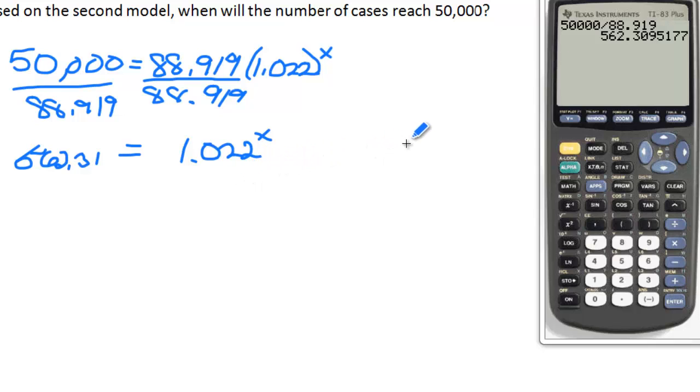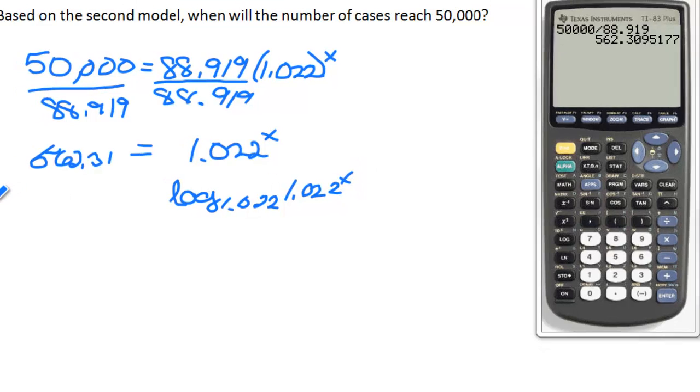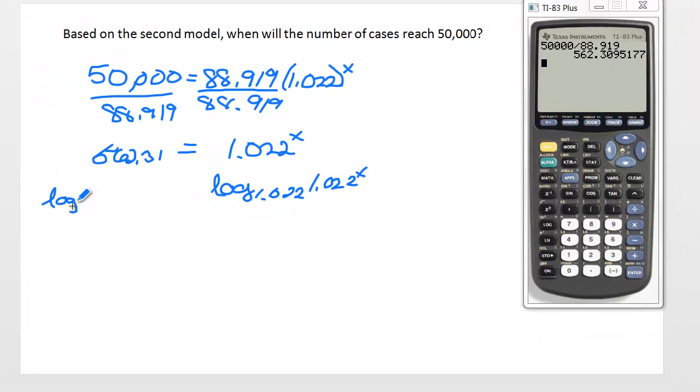And our next step is to take the log base 1.022 of 1.022 to the x power. Do the same to both sides. And that will give us an x.